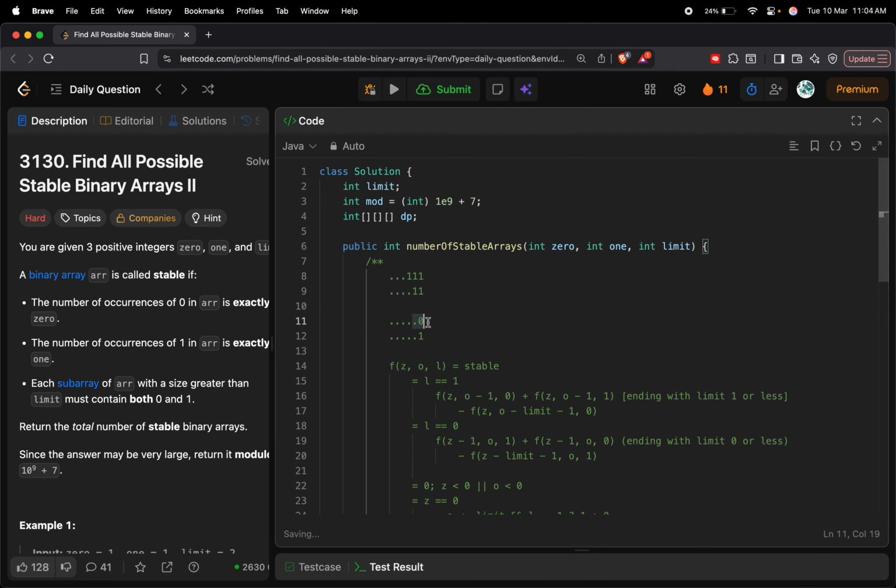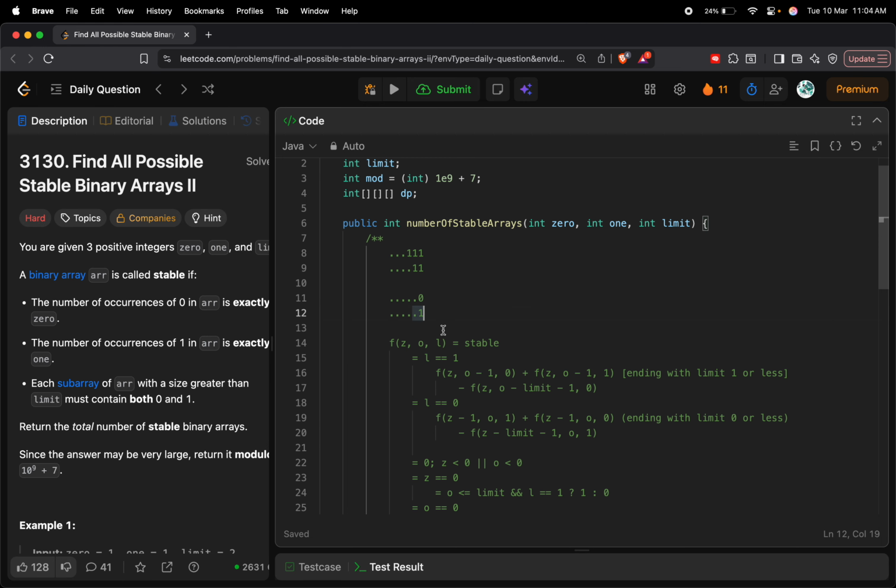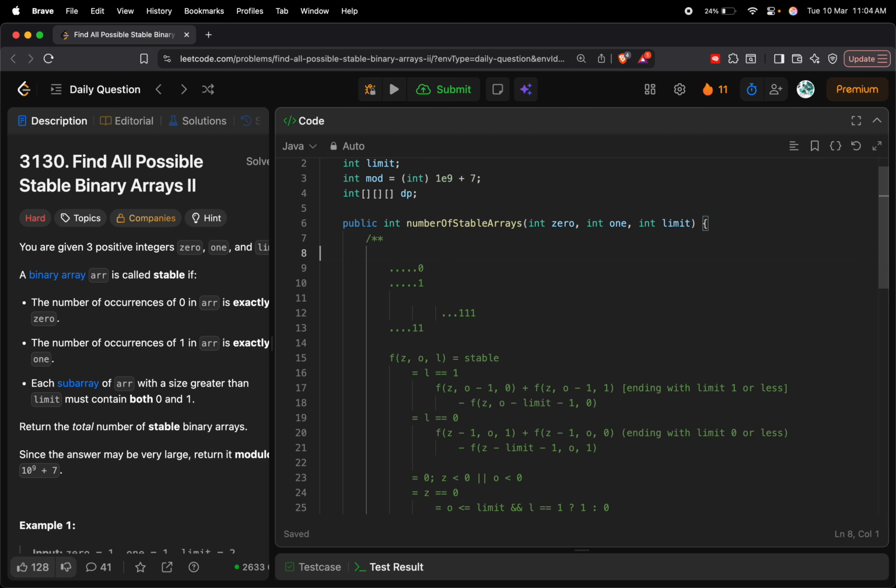The total number of stable arrays will be the summation of the stable arrays ending with 0 and the stable arrays ending with 1. So let's consider the stable arrays ending with 1 for the time being.